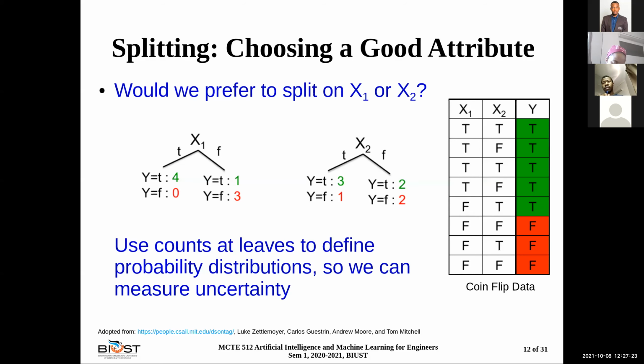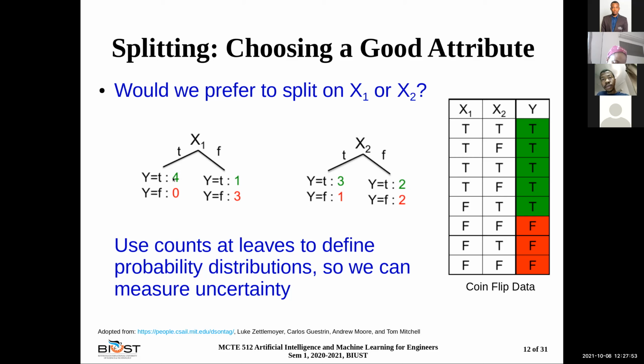So, for example, in this case, if you are given a table here, X1 and X2 inputs, and your output is Y. This is about coin flip data. If your input X1 is true, then there are 4 cases of true and 0 cases of false.